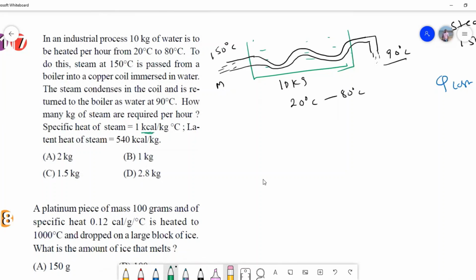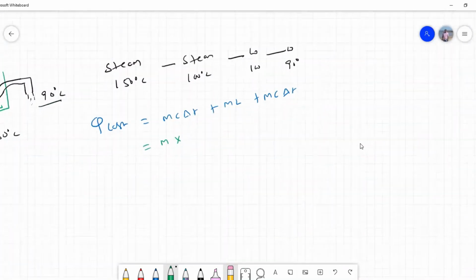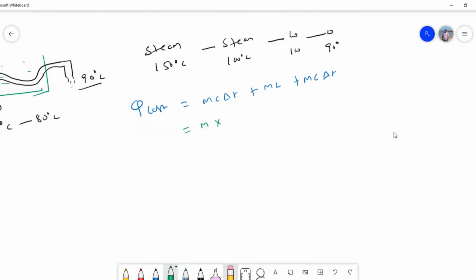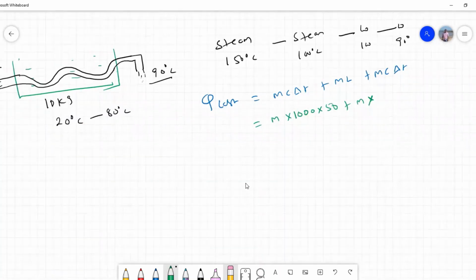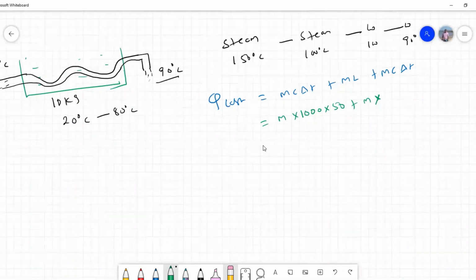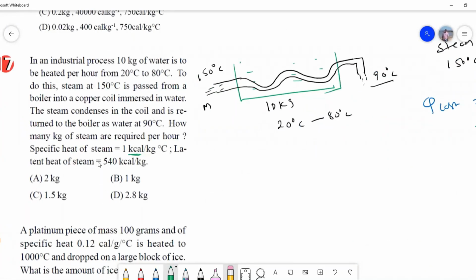I'm taking mass in kilograms, so I convert kilocalories: 1 kilocalorie is 1000 calories, so 1000 into the change of temperature, 150 minus 100, which is 50, into M. Again, we all know the latent heat of steam, which is given as 540 kilocalories per kg.